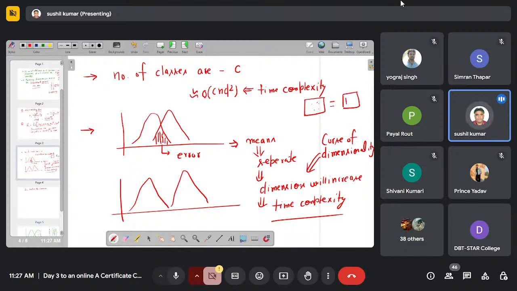Even as a layman you can understand 100 images will make you more efficient, or 1000 images will make you more efficient in comparison to 100 images or 5 images. So increasing the dimension definitely will separate the classes in an efficient manner. But when you are increasing the dimensions, that also I have given the proof here.